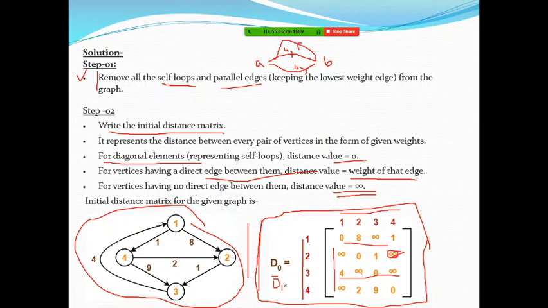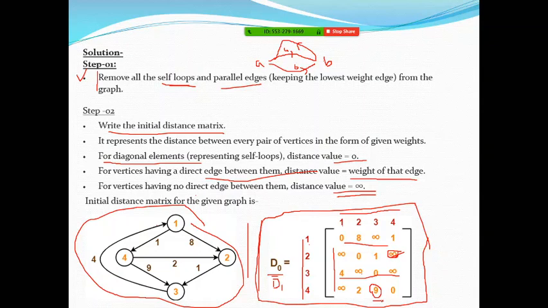The modification of D naught happens only if infinity is there and you get some non-zero value, or you get some lesser value. Like here it was 9: from 4 to 3 the direct edge is 9, but can you get 4 to 1 and then 1 to 3? Only then can you modify this 9. If you get 9 or more than 9, you just retain it.